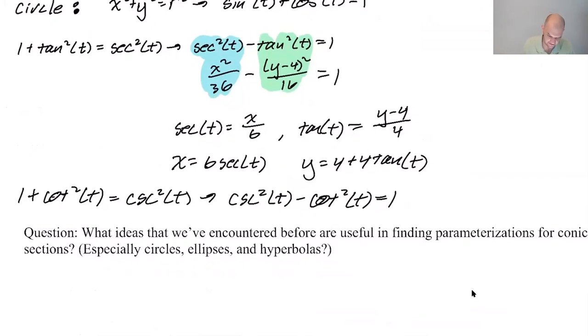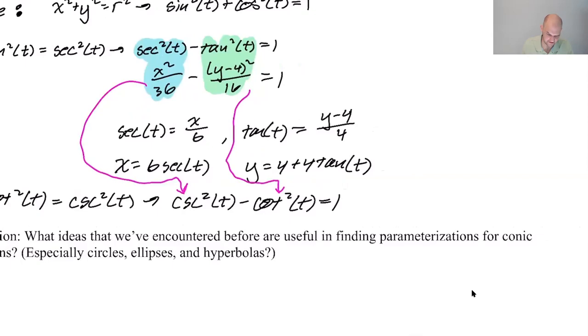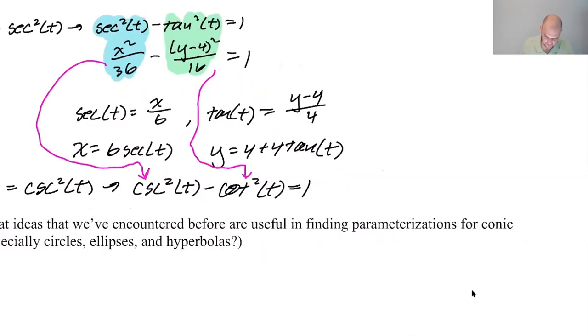So we can say that that equals that, and that that equals that. And from there, it's the same basic math, so you end up with x would be 6 cosecant of t, and y would be 4 plus 4 cotangent of t.